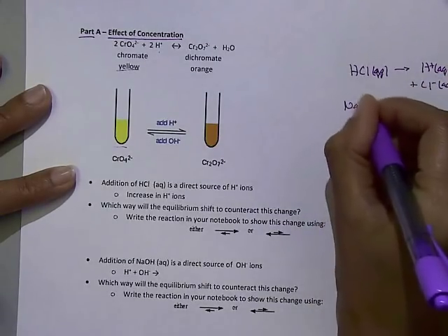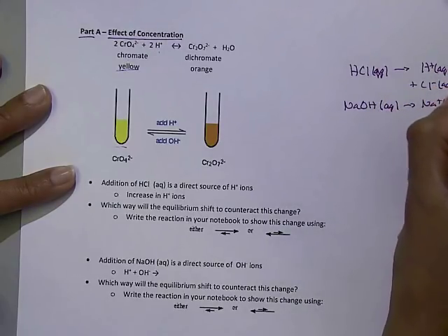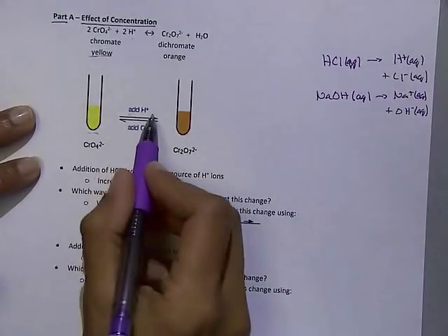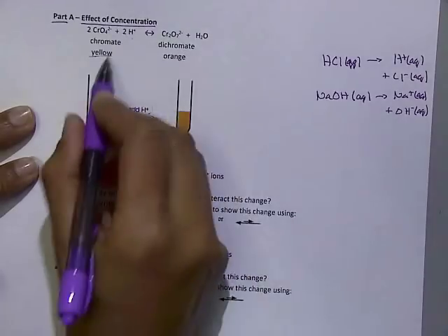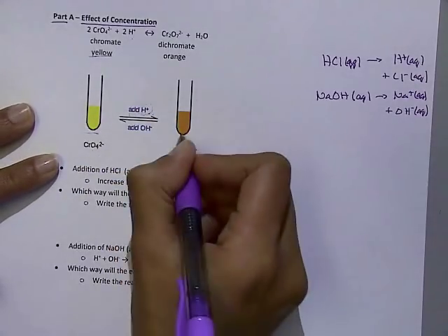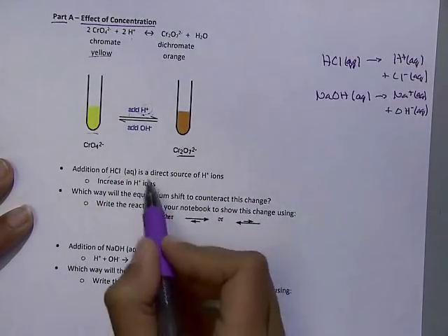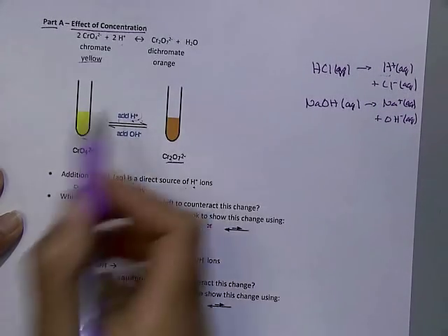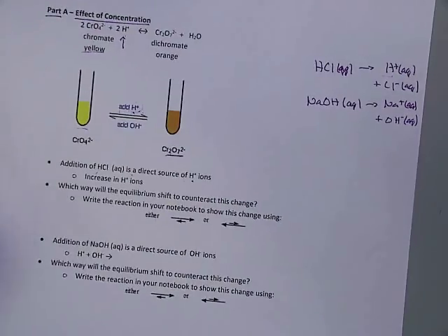And if we add a base, because it's aqueous, again, what you really have in solution are these two ions, right? So sodium ions and hydroxide ions. So here we're adding a proton source, or a hydrogen plus source, that will change this ion into a dichromate ion, and you'll see a color change. So addition of HCl in this case is a direct source of hydrogen ions. So in this reaction, we're increasing the amount of hydrogen ions.